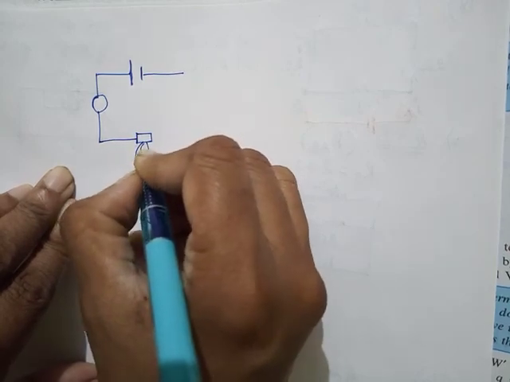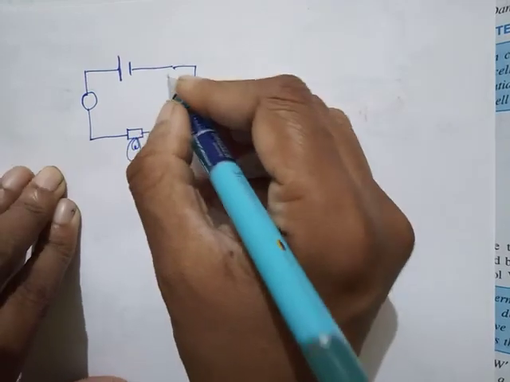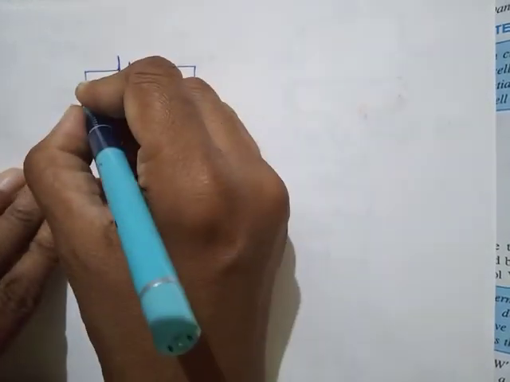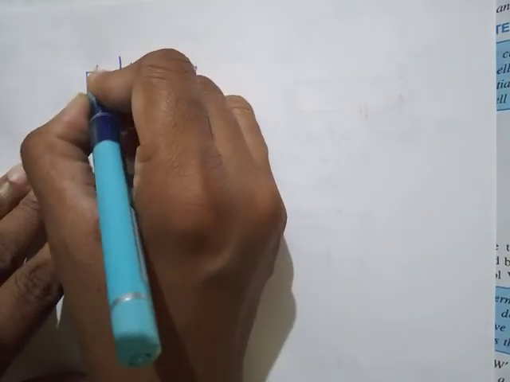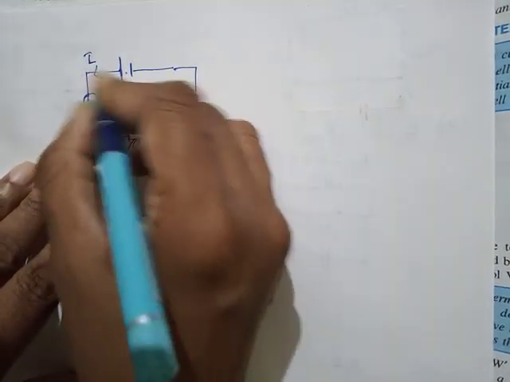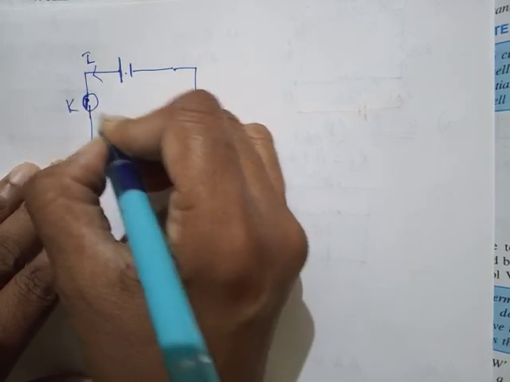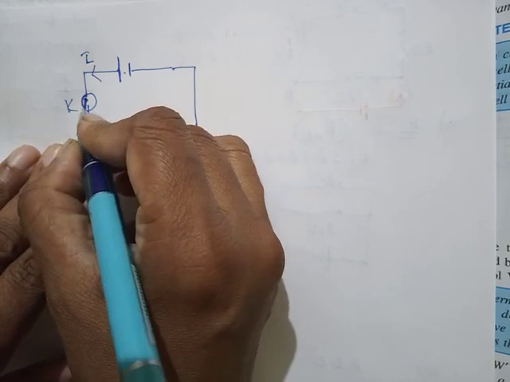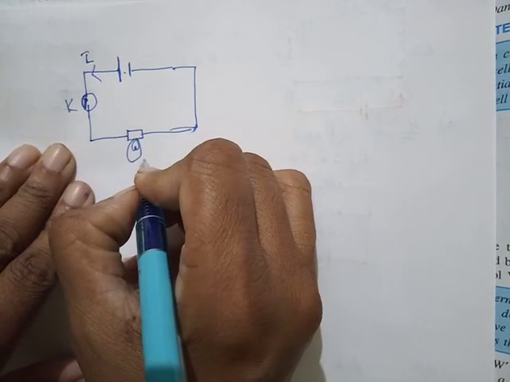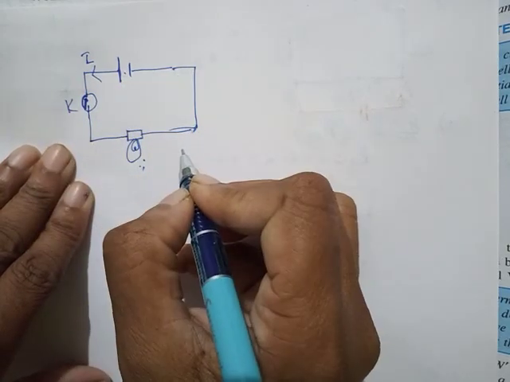So the bulb is the load and this battery is used to light this bulb, or basically the battery will give some current when you connect this bulb to the battery. If the key is open, no current will flow, so the bulb will not glow. When I switch it on, or basically close the key, then the bulb is going to glow, because current will be flowing here.